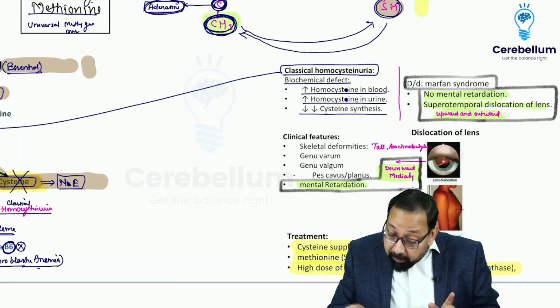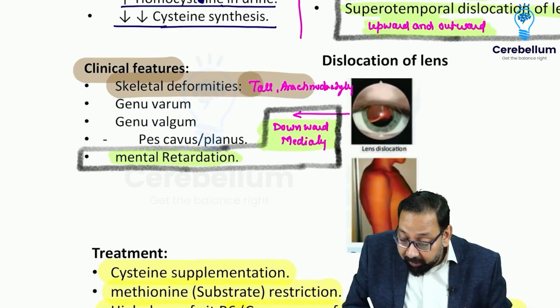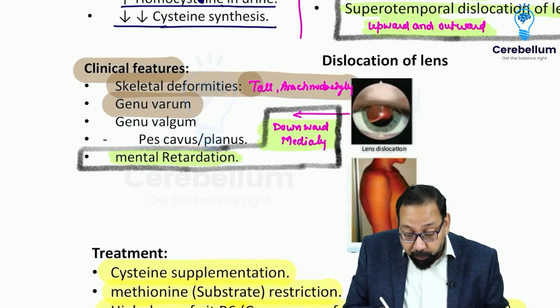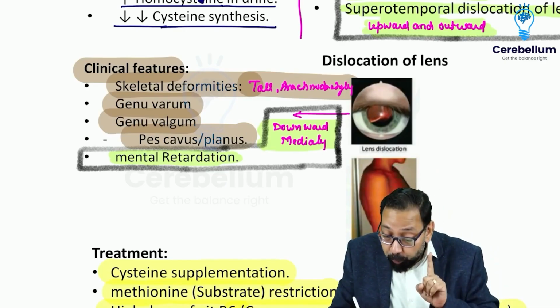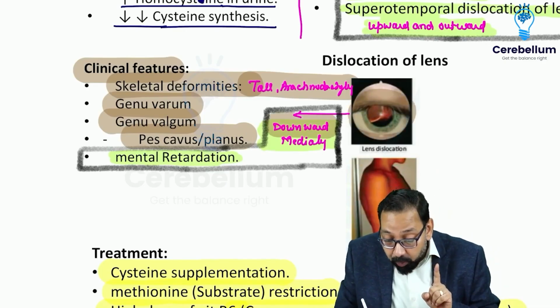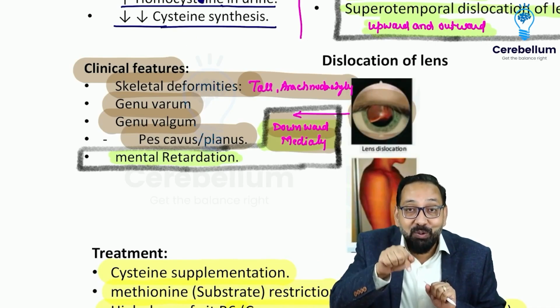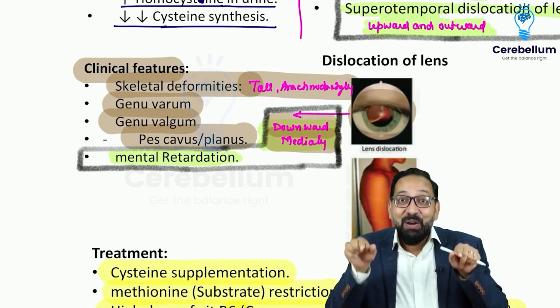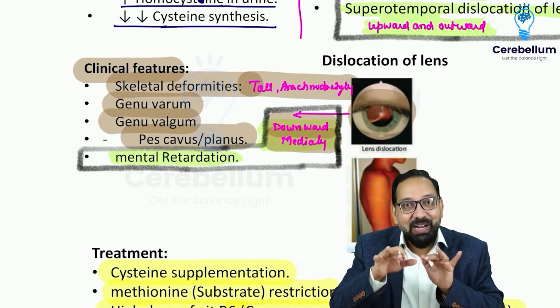So what are the clinical features? There would be skeletal deformity, tall stature, arachnodactyly, genu varum, genu valgum, pes cavus, pes planus, and in this there is dislocation of lens, that is downward and medially. How do you remember? In homocystinuria, urine goes downward, and we try to put it in the pot medially, downward and medially.